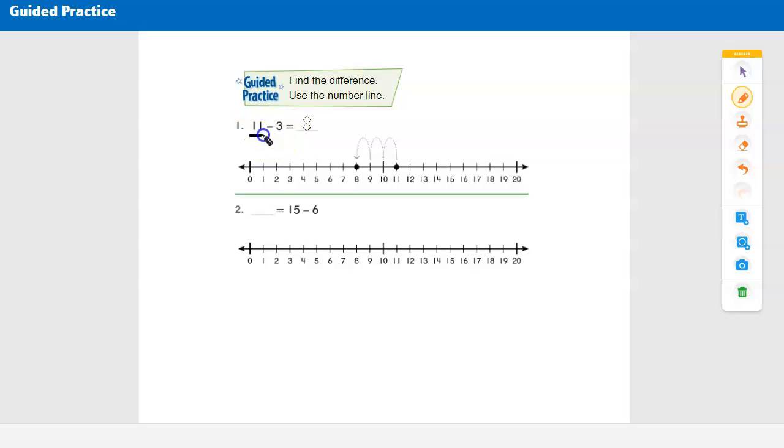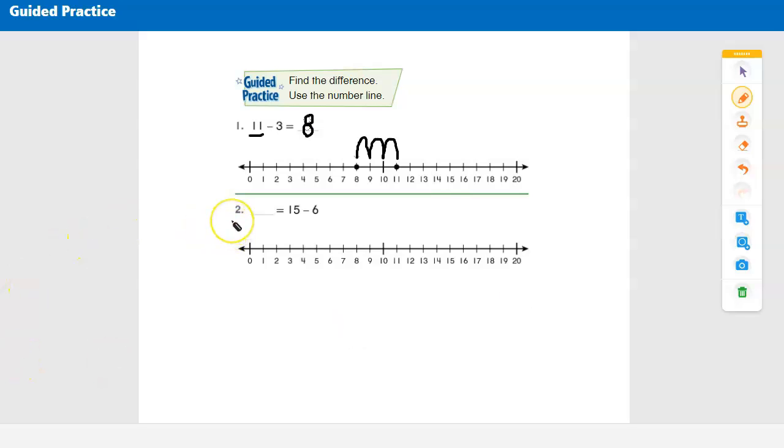They began with the whole of 11. So they found 11 on the number line, and they had to jump back 3 spaces, so they then jumped 1, 2, 3, and that brought them to 8. So 11 minus 3 is equal to 8.